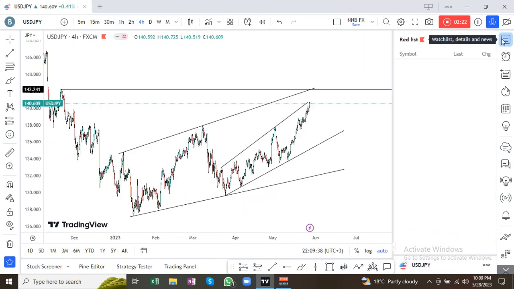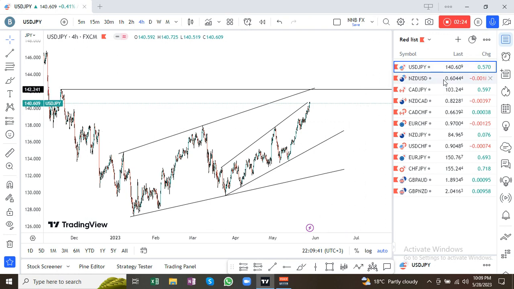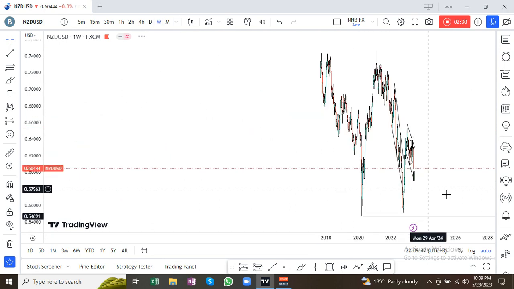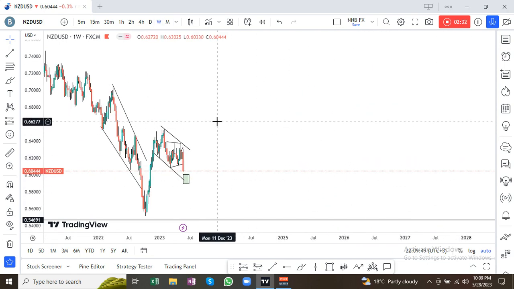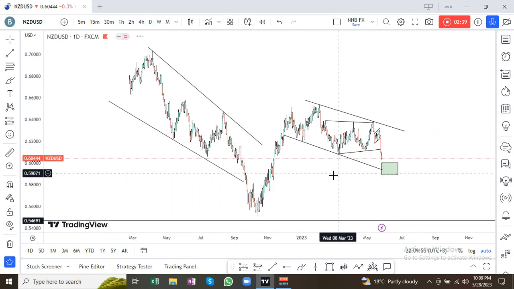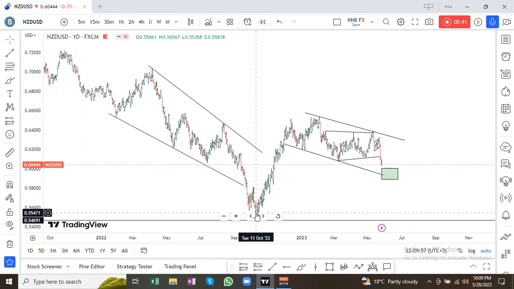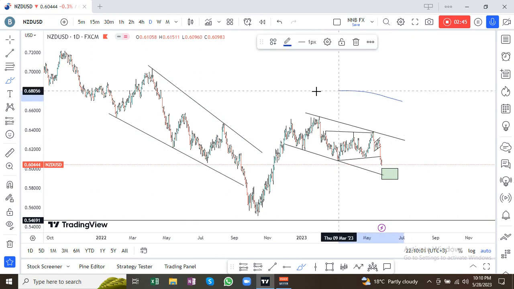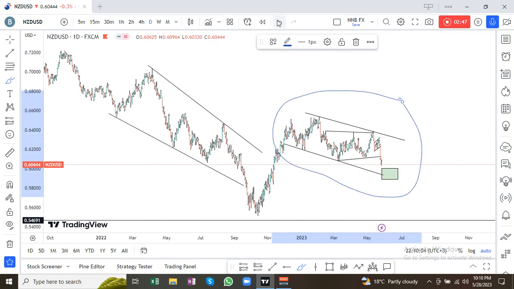So we'll go to the next pair, which is New Zealand dollar against the US dollar. We'll start with the weekly time frame. You can see on the weekly time frame it's impulse. If we go down to the 1 hour time frame, you can see that it impulsed, and right here it's forming some sort of a continuation structure.